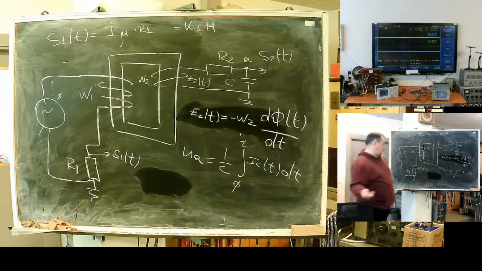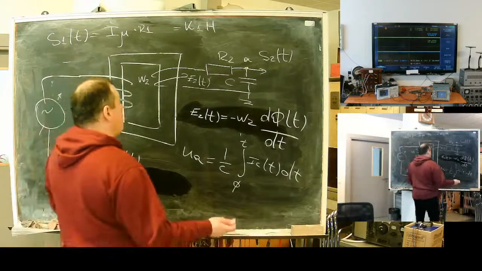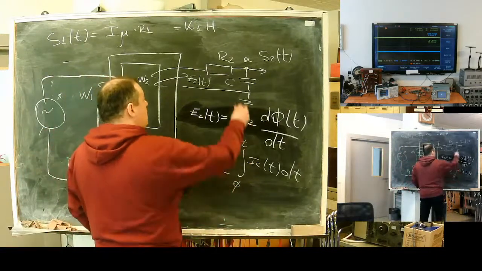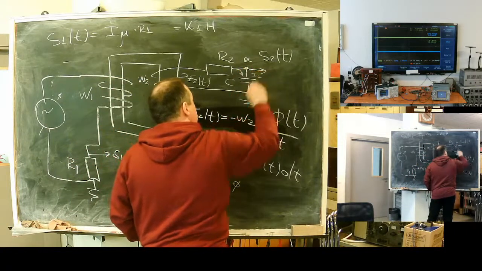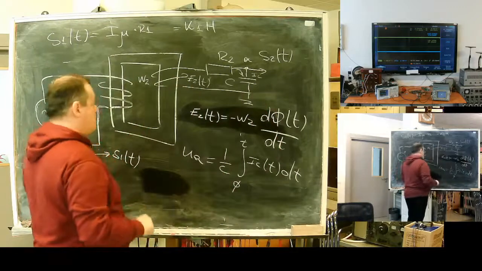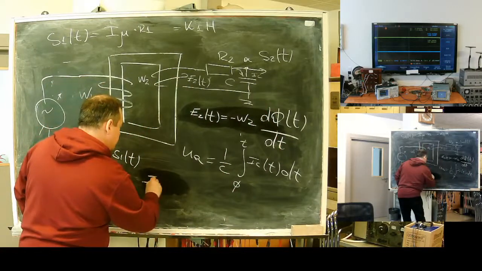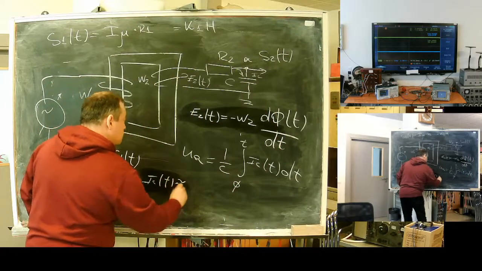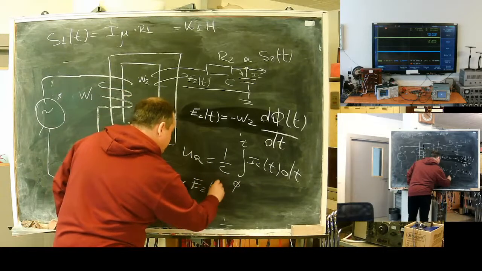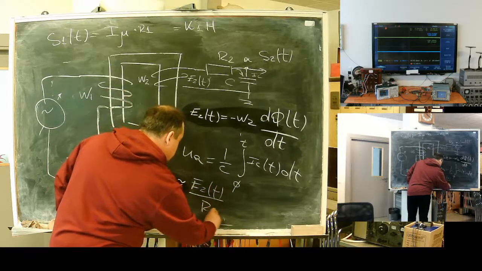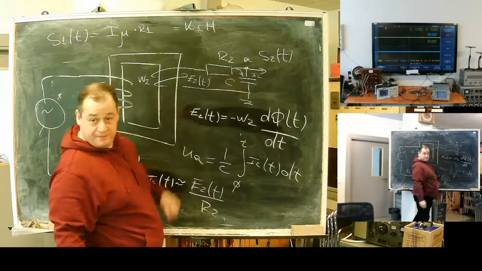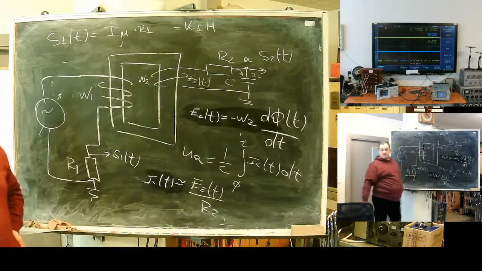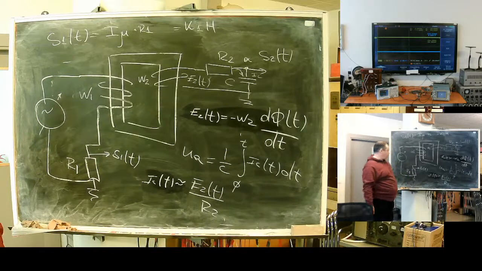But this current is virtually divided by R2, because this resistance is much higher than any other resistance in the network.